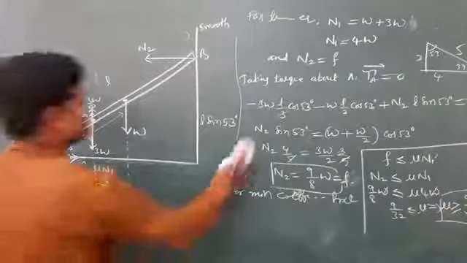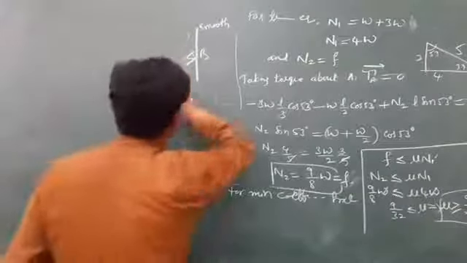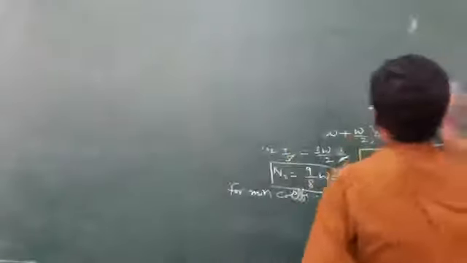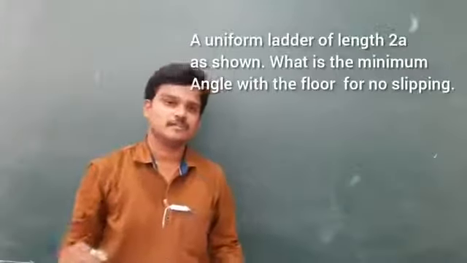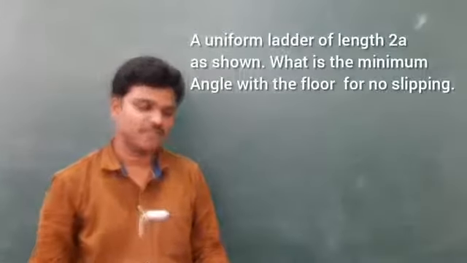See the next question. Again, let me read the question. So it is a calculation question. A uniform ladder whose length is given as 2a, as shown in the figure.